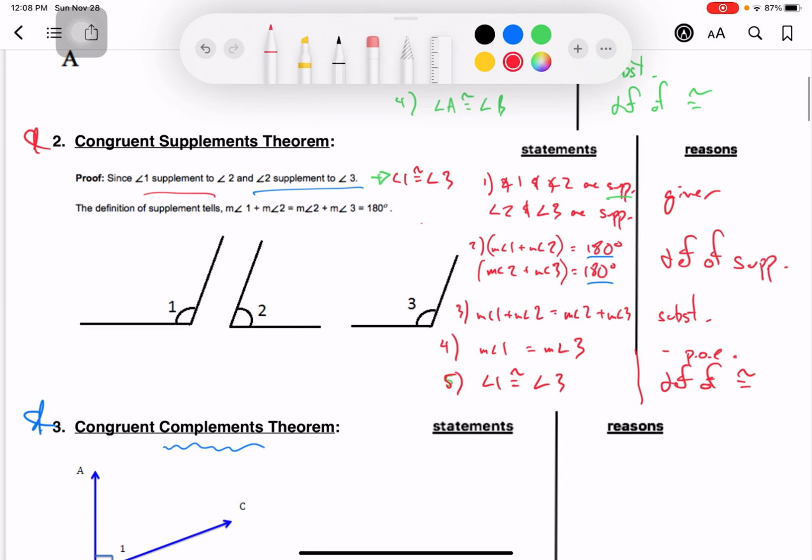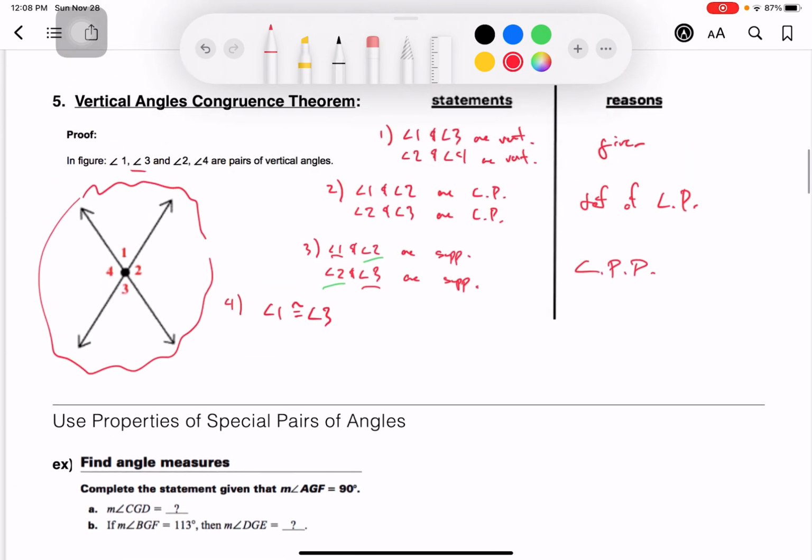So I can skip all that business. Actually, I can probably take this and move it over. Okay, so that was by the congruent supplements theorem.